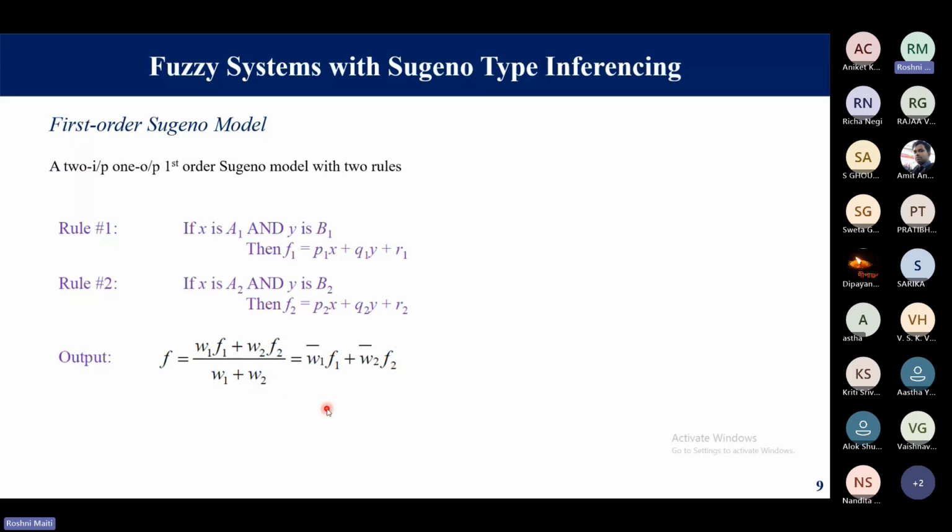Ultimately we have obtained this, where W1 bar is W1 by W1 plus W2 and W2 bar is W2 by W1 plus W2. For n number of rules, we represent this using the summation sign. We can write summation over i equals 1 to n of wi fi divided by the summation of all w's. In this way, for n number of rules, we can represent our system.